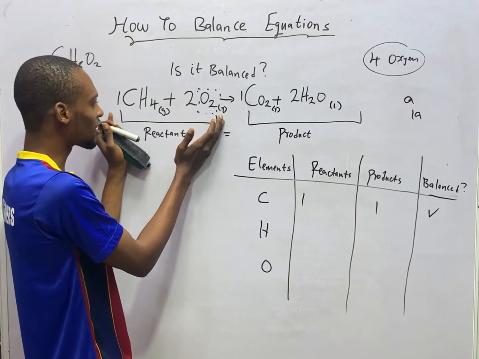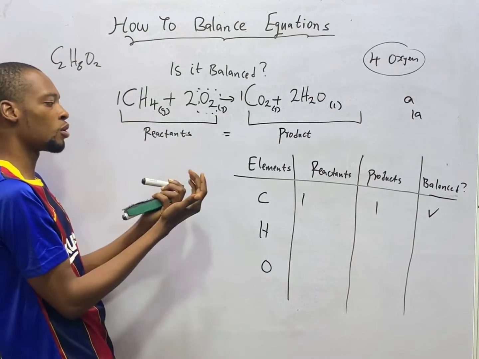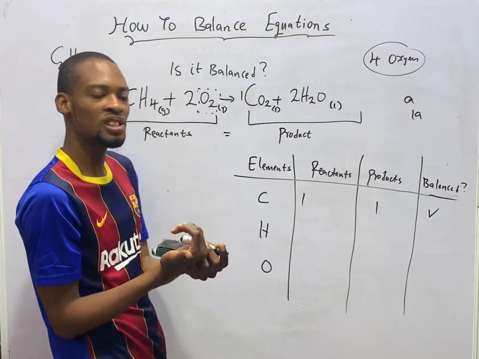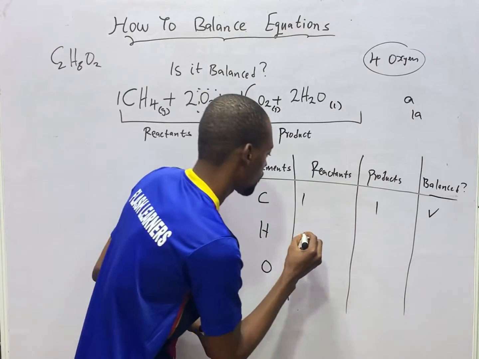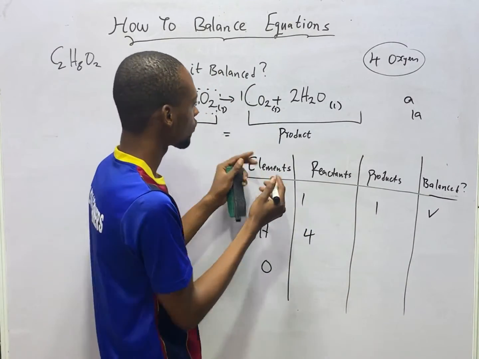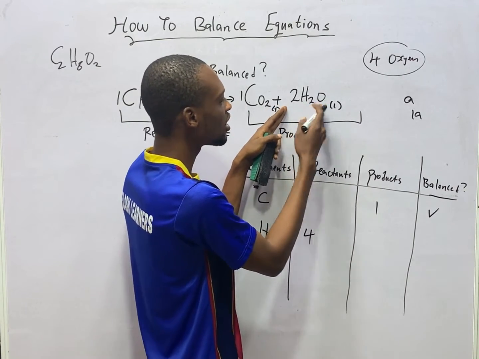Let's see hydrogen. In the reacting side, we have 4 hydrogen. 1 times 4, 4. Here, there is no hydrogen. So the total hydrogen is 4. Now let's go to the product side. Here, there is no H. Then here we have hydrogen. How many?